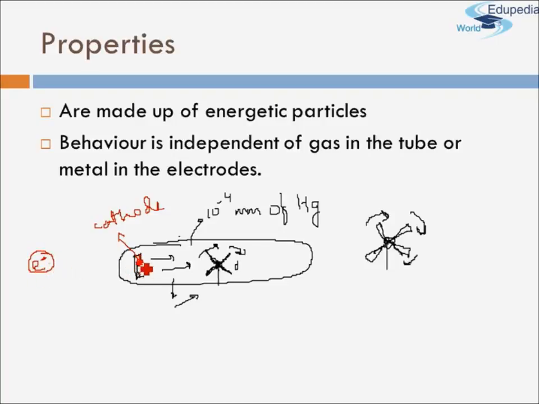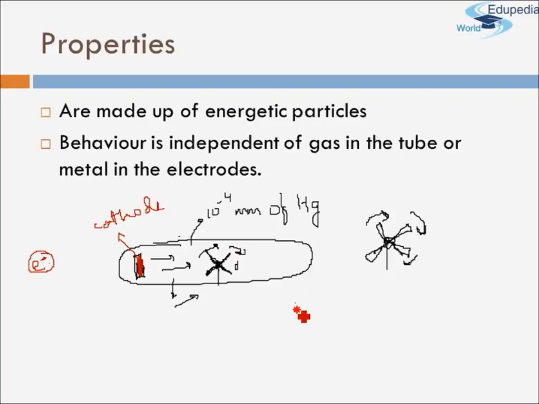So now we know that these cathode rays are actually made up of electrons. These electrons come from the cathode, the metal, as well as from the gas inside the tube.